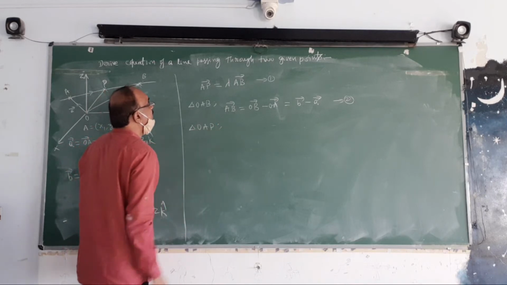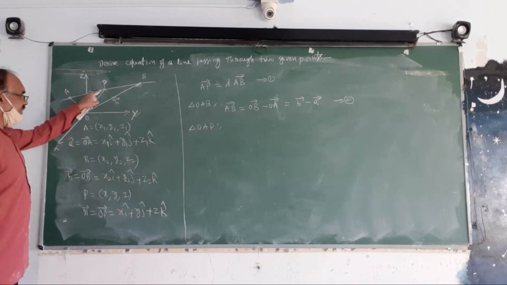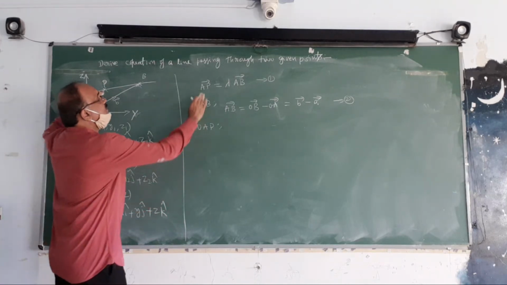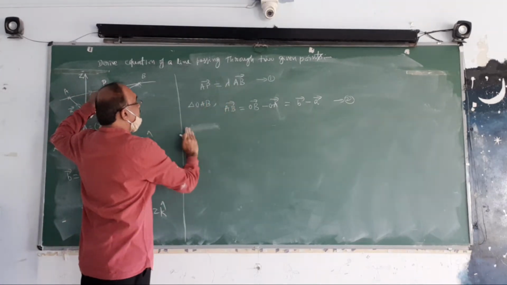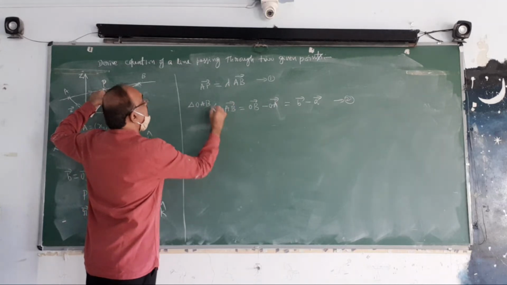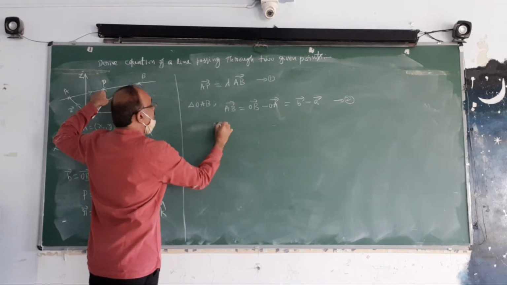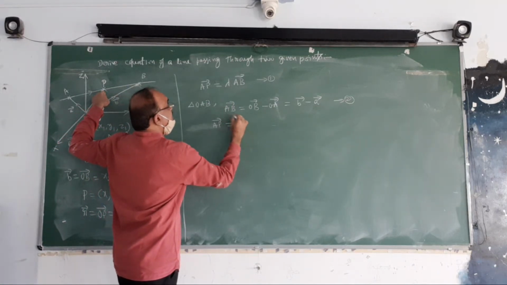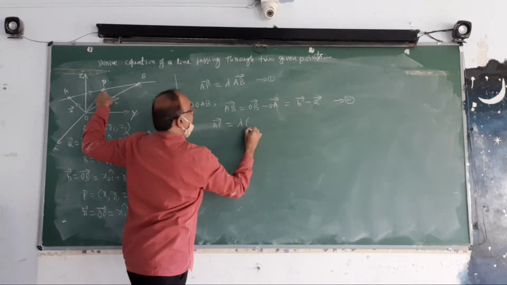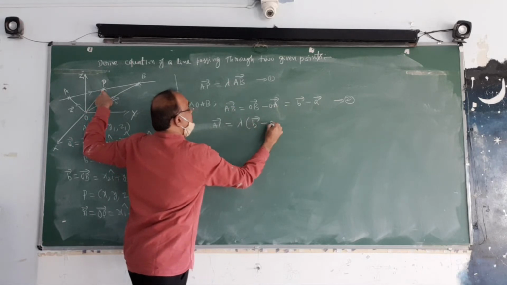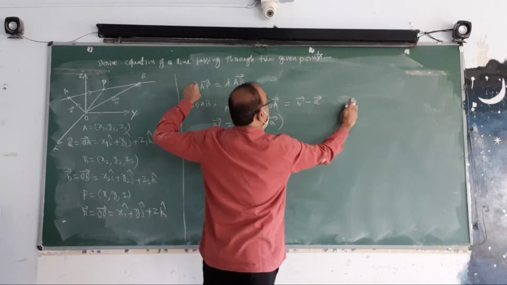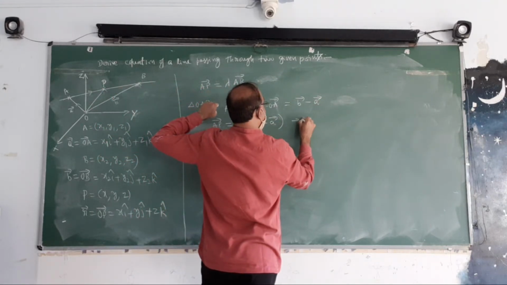In triangle OAP, I can write vector AP as lambda times AB, which is B minus A. So let us call all of this equation 1, instead of having so many things.